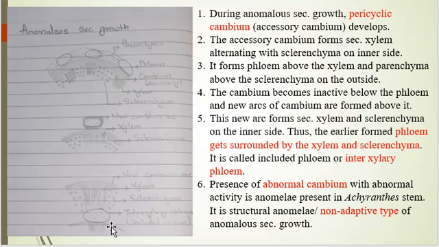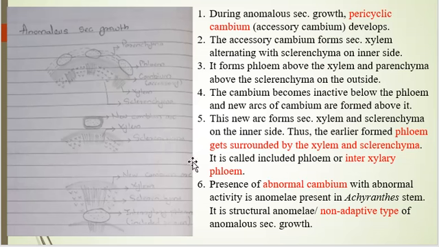Formed. So that anomalous secondary growth of the new cambium or pericyclic cambium, some changes are observed in the transverse section of the stem.